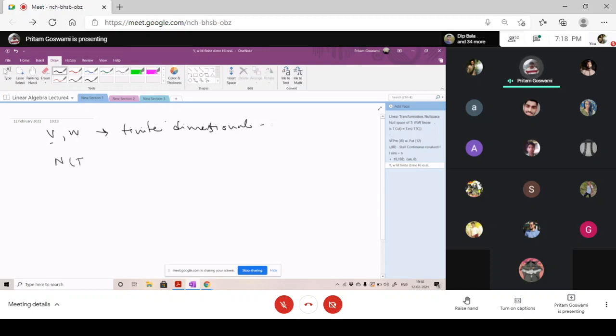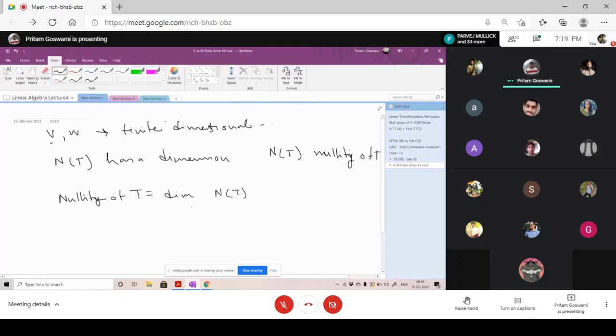So the null space of T has a dimension also, right? The dimension of the null space is called the nullity of T. So nullity of T is the dimension of the null space of T. Clear?